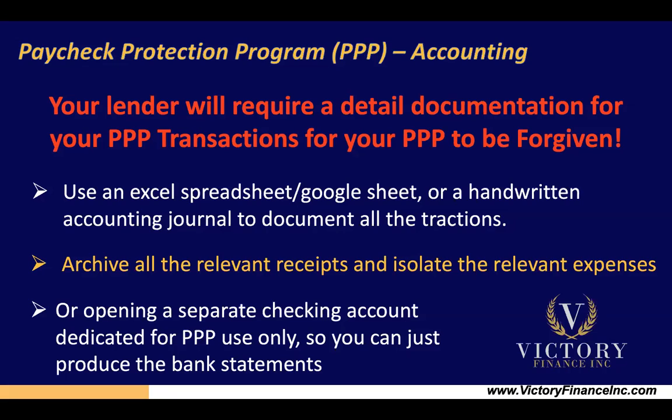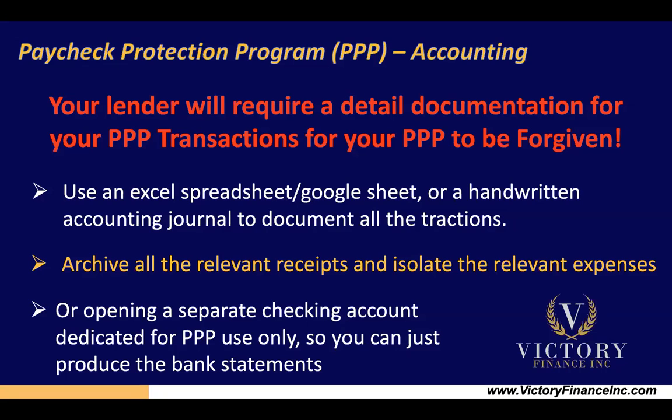So that would probably be a way to do that, or just even putting a savings account attached to your business checking, so there's no bank statement fees or monthly bank service fee, and then taking on the money that way. This way you will be able to produce a bank statement for your lenders where all the expenses are strictly for PPP.